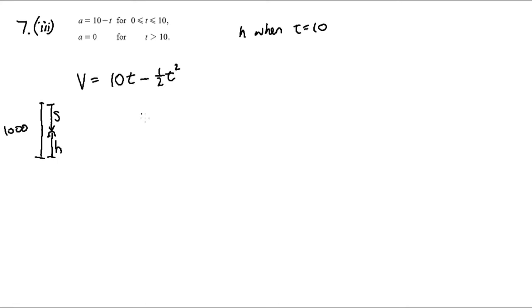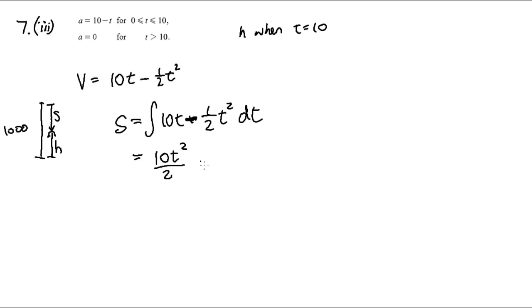So let's first find s. Integrate this expression, 10t minus 1 over 2 t squared dt, is just 10t squared divided by 2, take 1 over 2 divided by 3, which is 1 over 6 t cubed, plus a constant.